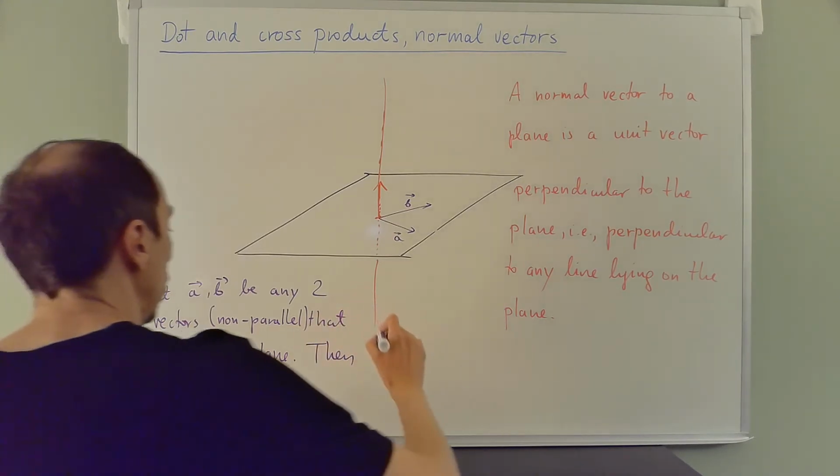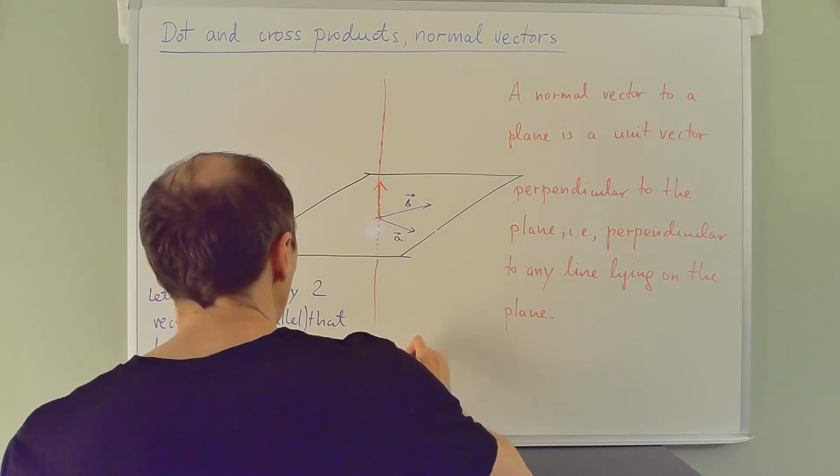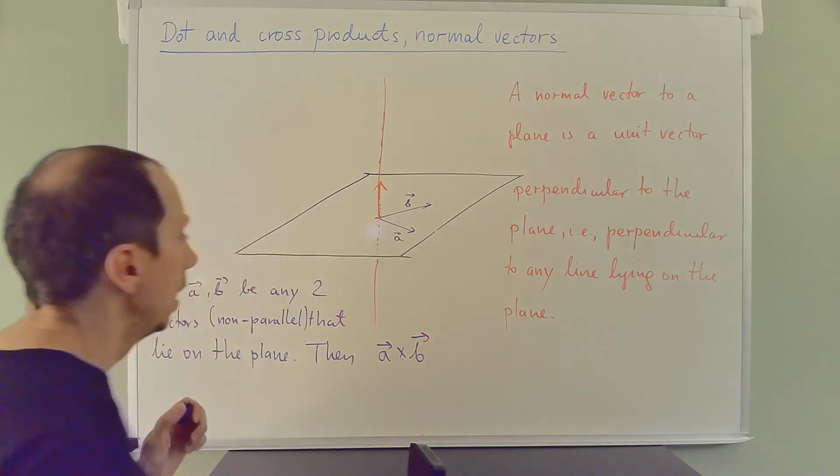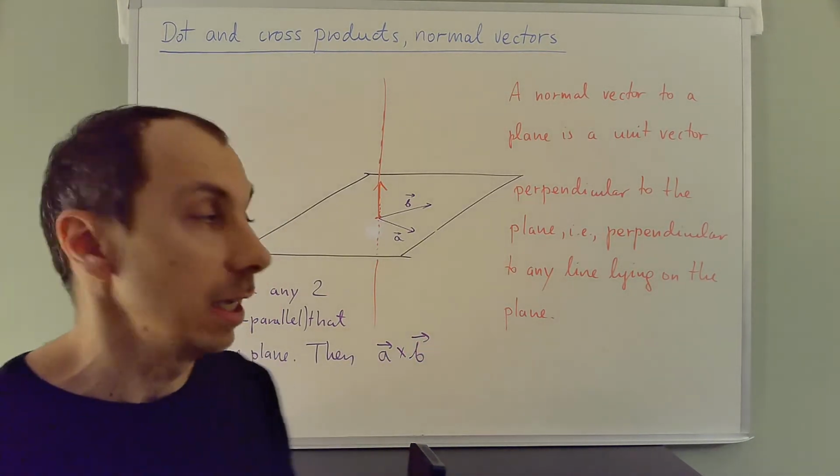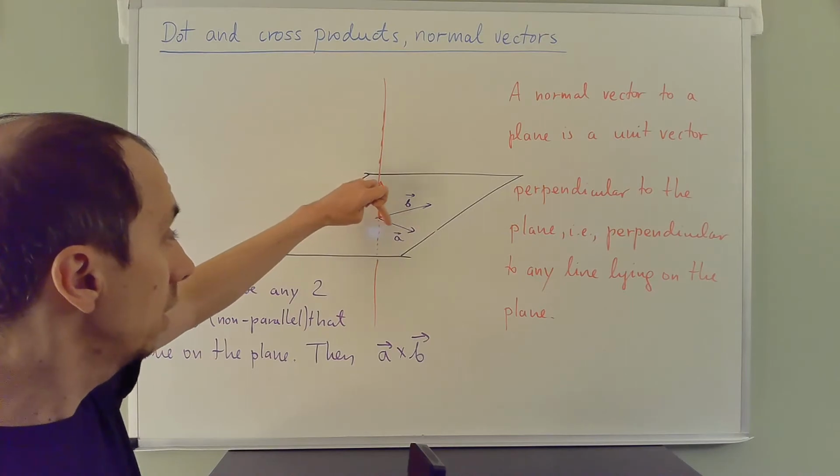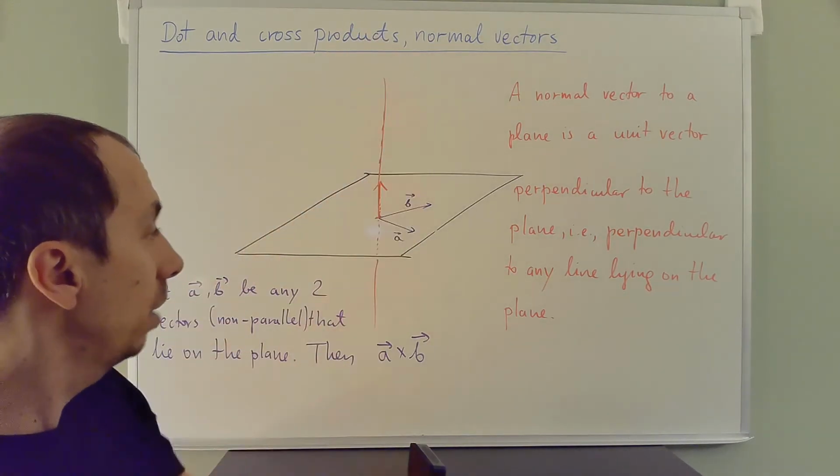Then I already know that A cross B, the cross product, is a vector that's perpendicular to the plane. In this case, because we go like this, it's going to actually point up.